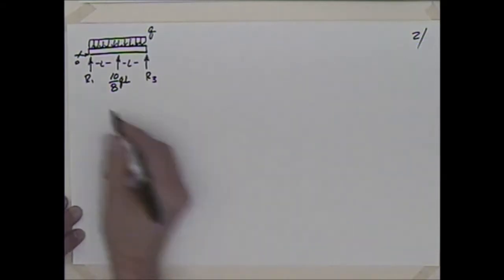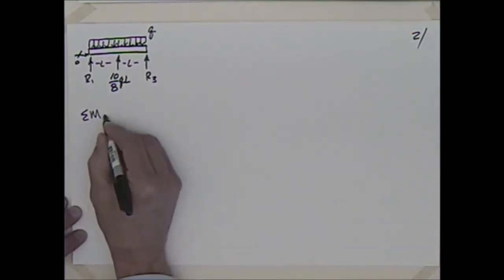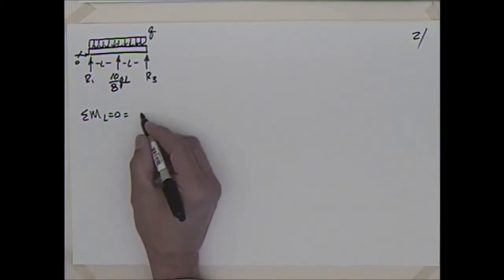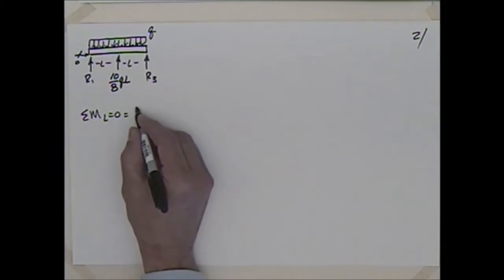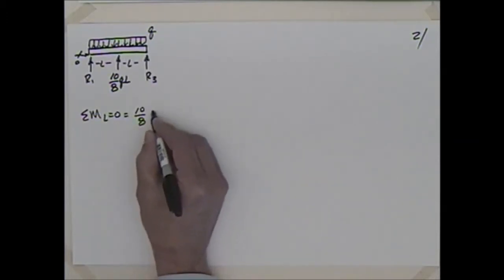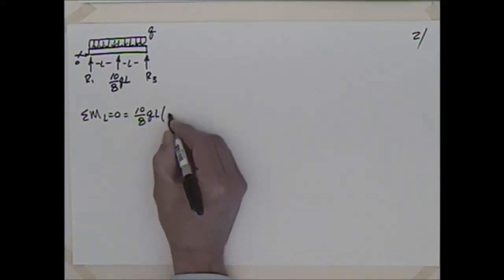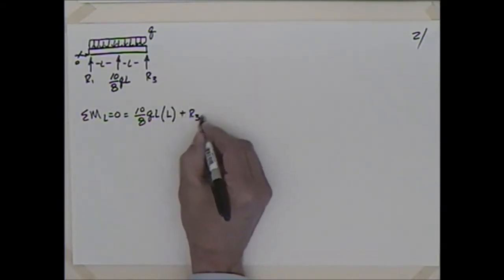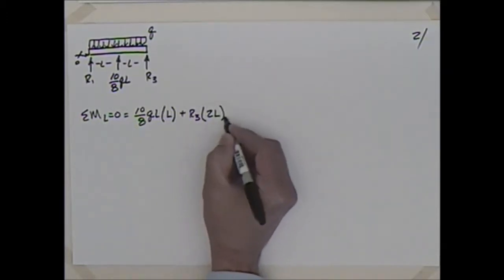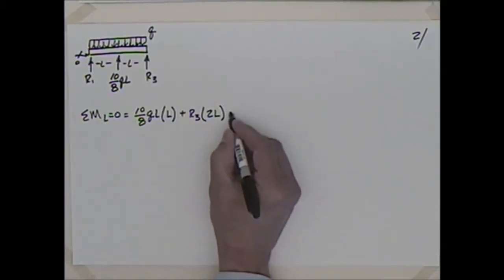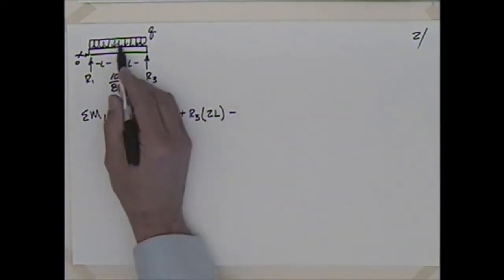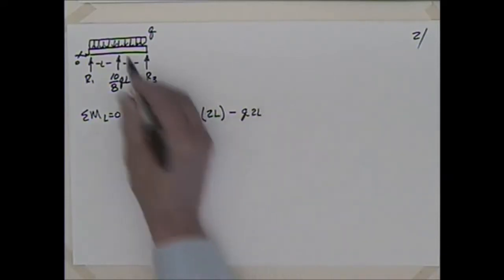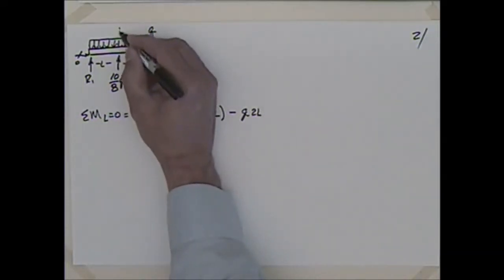So if I go through summing the moments about the left-hand side, setting that equal to 0, what would I have? I would have this force here, which is going to be 10 over 8 times QL, acting through a distance of L, and then plus R3 acting through a distance of 2L. And then I would have to subtract off the load up here, which is going to be Q times 2L times the distance at the axis, which would be at the center point here.